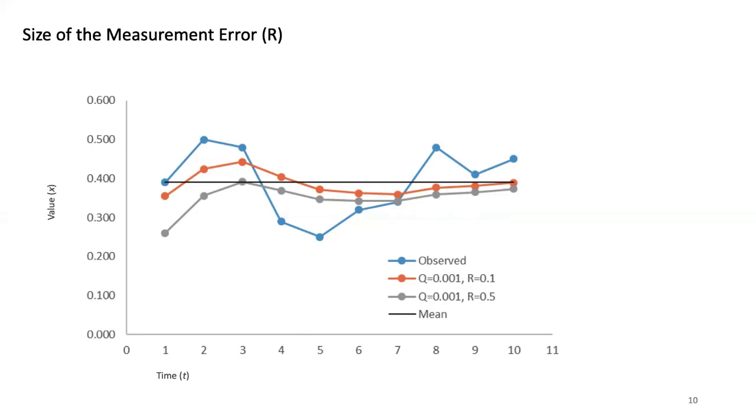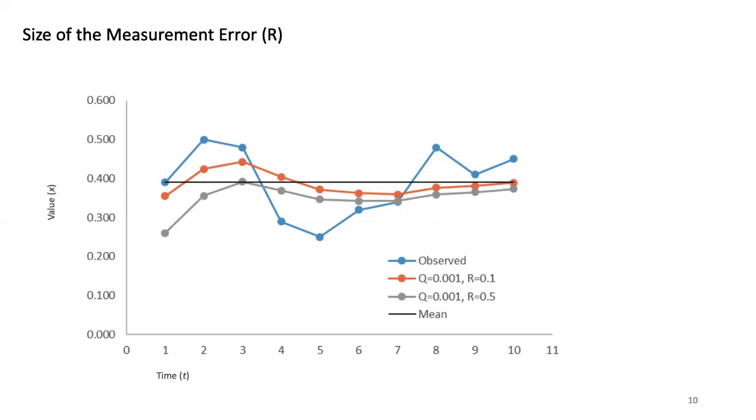The gray line itself also smooths out the extreme values in the observed data. But on the other hand, it's saying I don't trust the observed value as much. I should be relying on my previous estimate more.